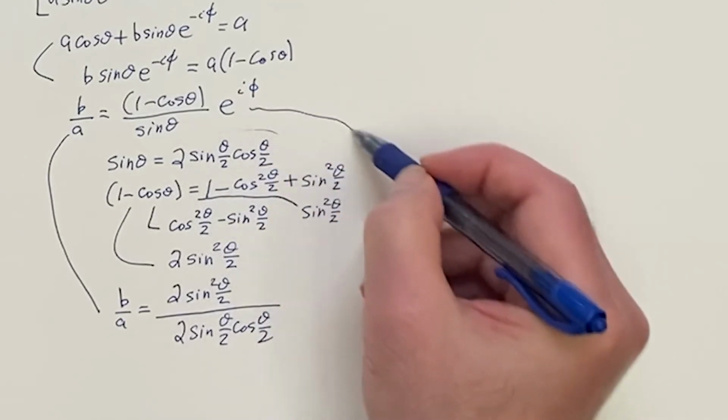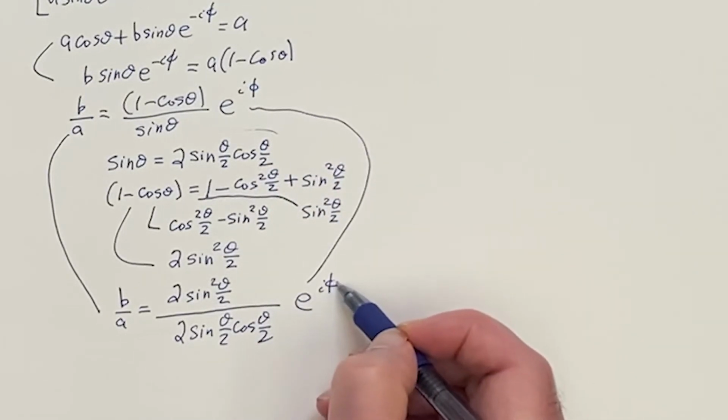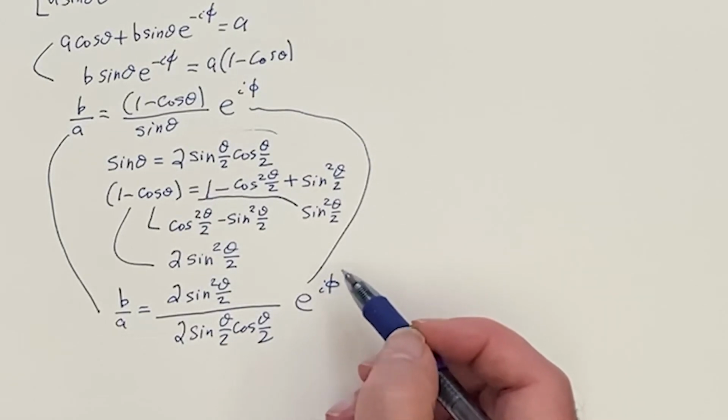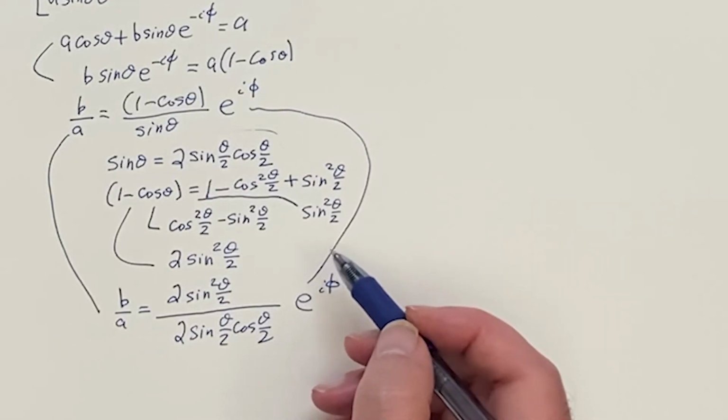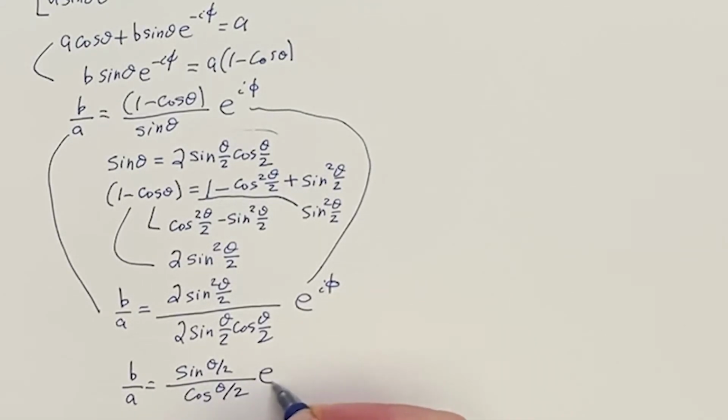And then this last piece goes there. Now what we can see is that we get cancellation, where one of the sines is going to go out. So this is going to get you the sine of theta over 2 divided by the cosine of theta over 2 times e to the i phi.